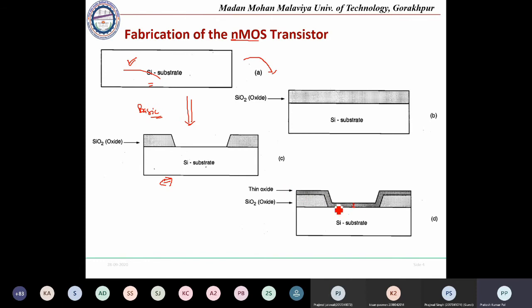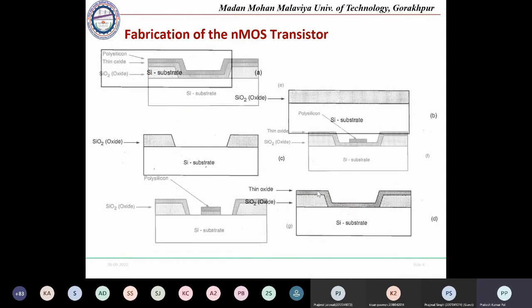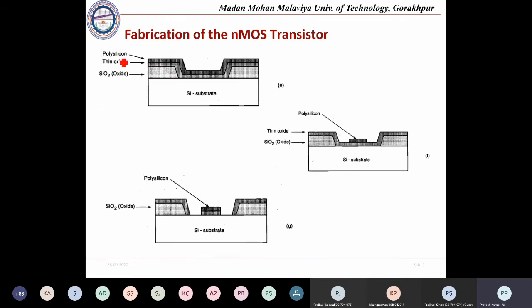After that, a polysilicon layer will be there. Whatever gate we call it, the gate could have a polysilicon region or a metal region. So gate will be connected to either of these.